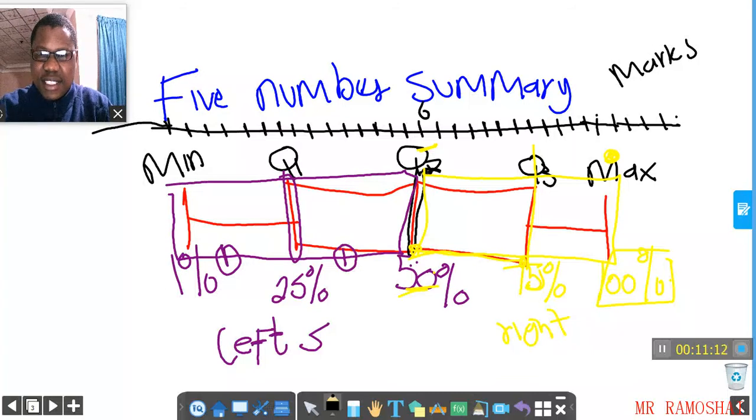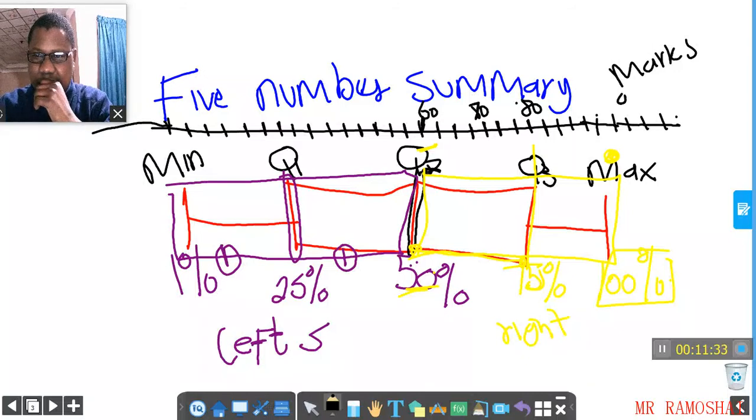Okay, let me say 60. 60 is represented by this line. Here is 70. Here is 80.